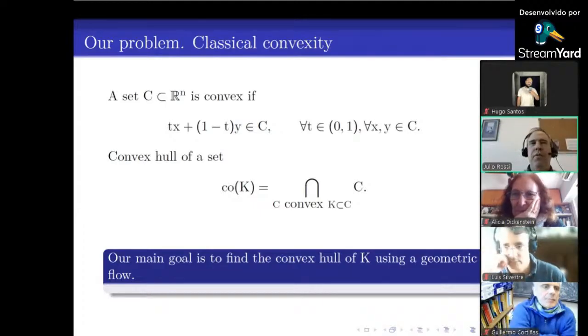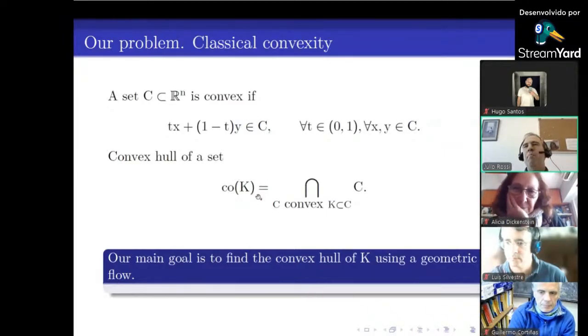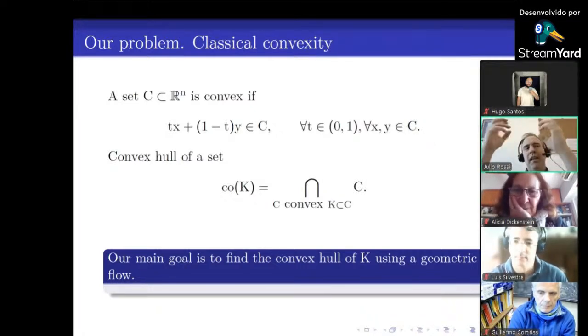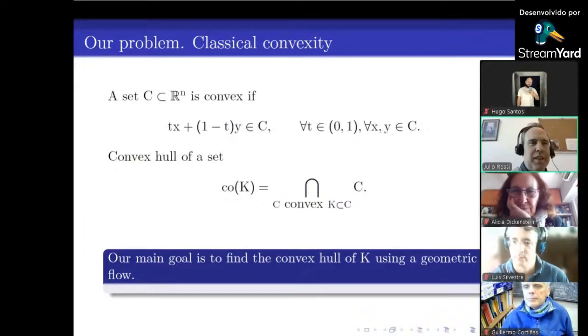You ask yourself for the smallest convex set that contains the 2 balls, and this is given by the intersection of all possible convex sets that contain the prescribed set K. This is called the convex hull of K. It is the minimal possible convex set that contains K, and if K is the union of 2 balls, then what you get is the union of these 2 balls and a tube that connects the 2 balls.